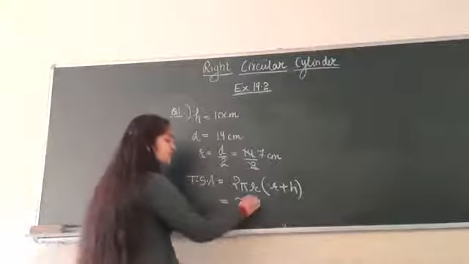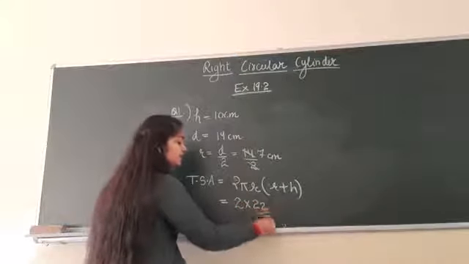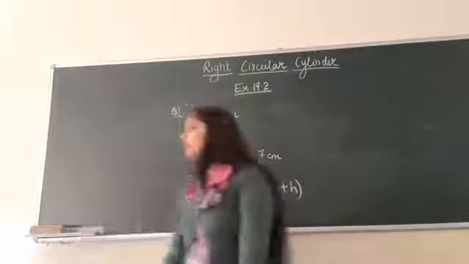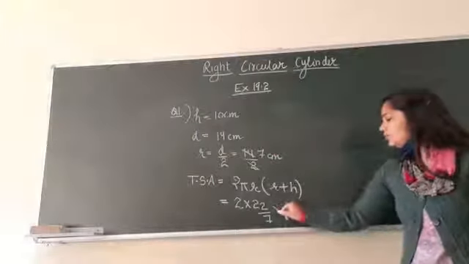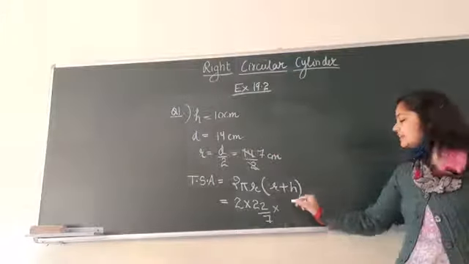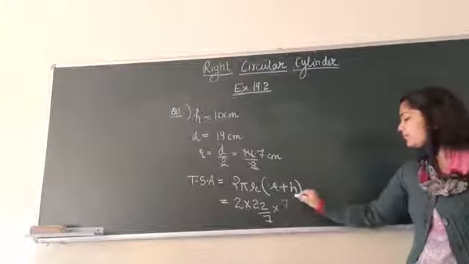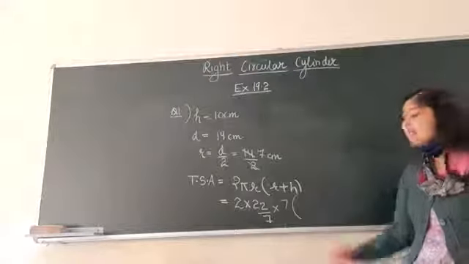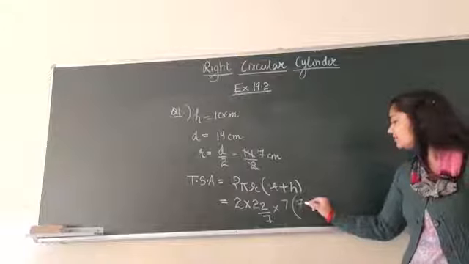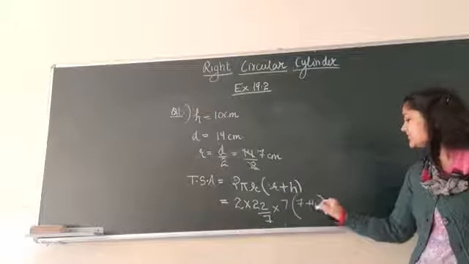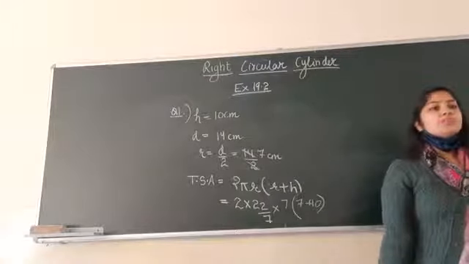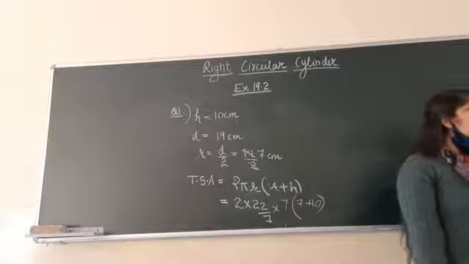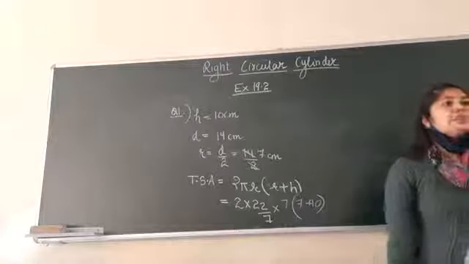Okay. Pi is 22 by 7 into, what is your radius? 7 bracket r plus h. R is 7 and h is 10. Now I hope you can simplify it further to calculate total surface area. Can you simplify?